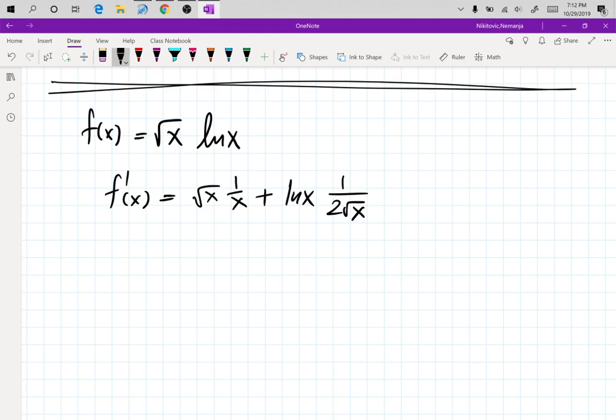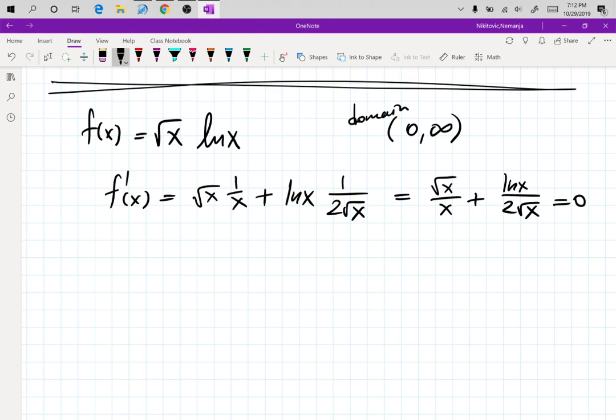All right, now we are going to write this as square root of x over x plus ln x over 2 root x, and we are going to set this equal to 0. We know the domain is 0 to infinity, so that's great.